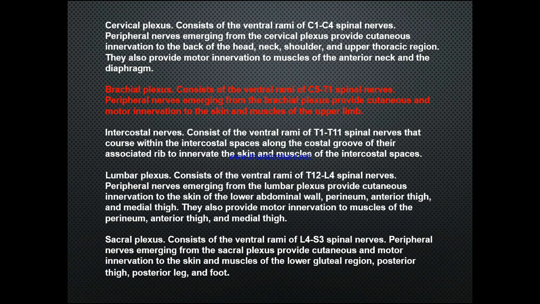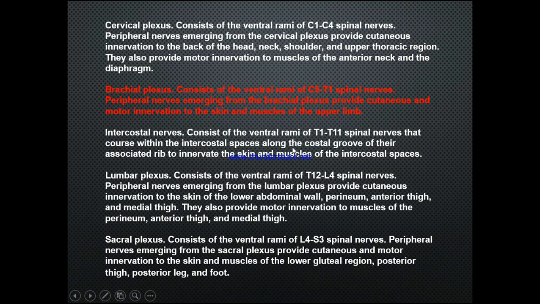The intercostal nerves consist of the ventral rami of T1 to T11 spinal nerves that course within the intercostal spaces along the costal groove that associate with ribs to innervate the skin and the musculature of the intercostal spaces. And then these are something that we're going to talk about when we talk about chest drain placement, in relation to between ribs and where the vein, the artery and the nerve sit.